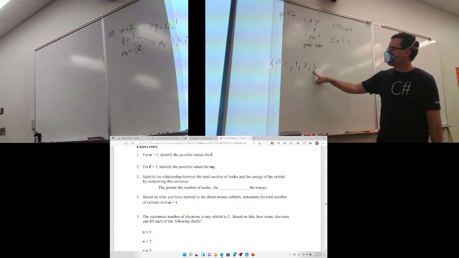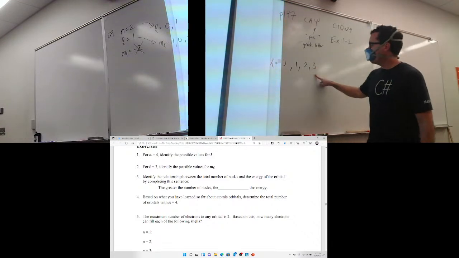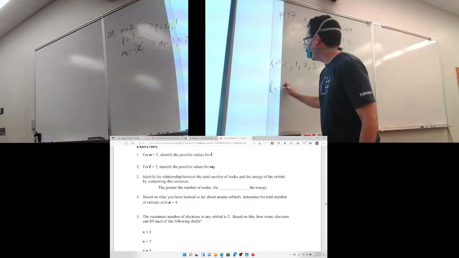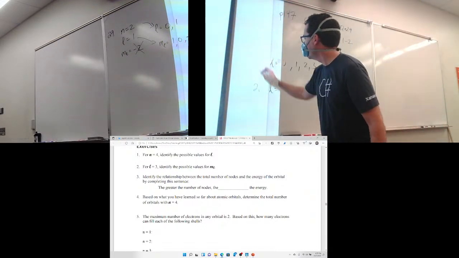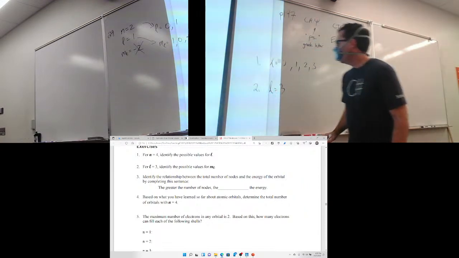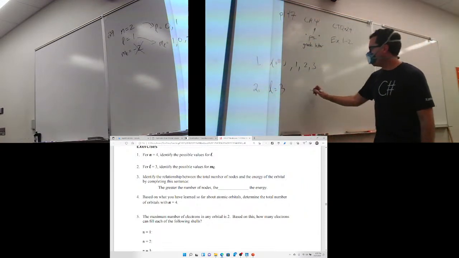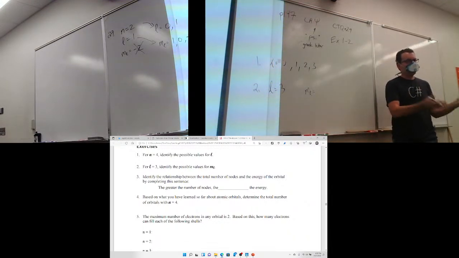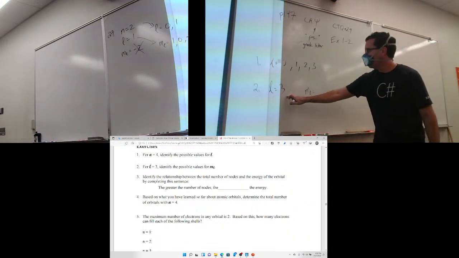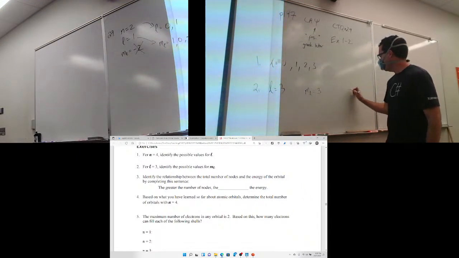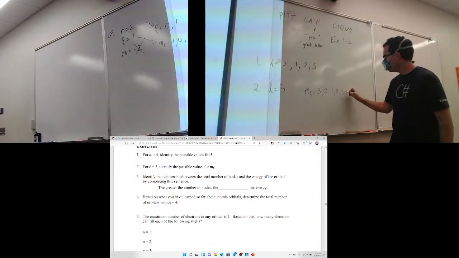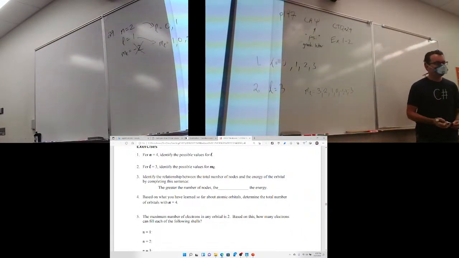And it's all the integers from 0 to that max. If L is 3, though, and here's question 2, the m sub L's are going to be what? It's all the integers between positive L and minus L. So everything between 3 and minus 3. So 3, 2, 1, 0, minus 1, minus 2, and minus 3.